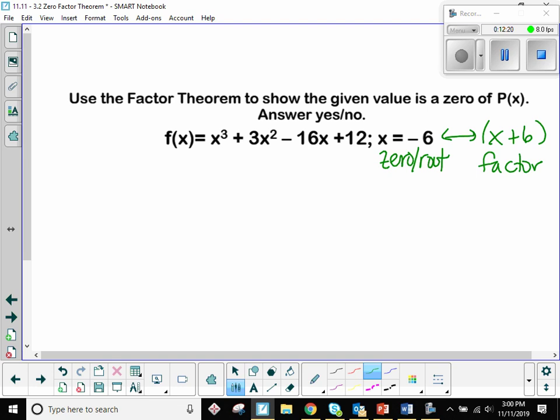The thing that you need to know right now is, when it's in that form, what number do you put in the box? -6, right? You do not have to change the sign when it's already given to you in 0 or root form. And is it missing any x's? No.